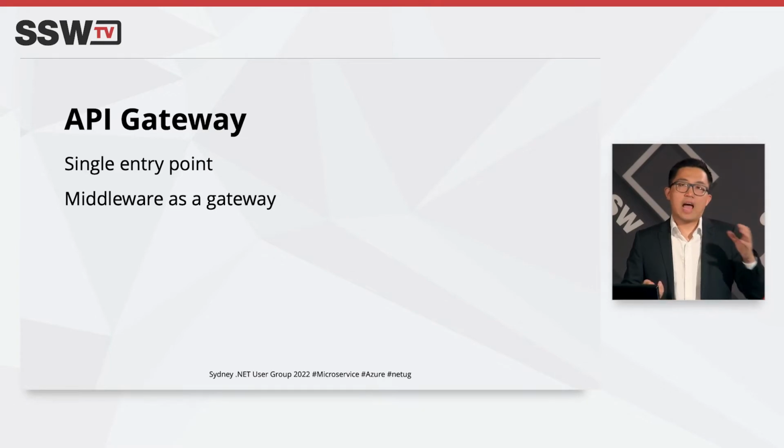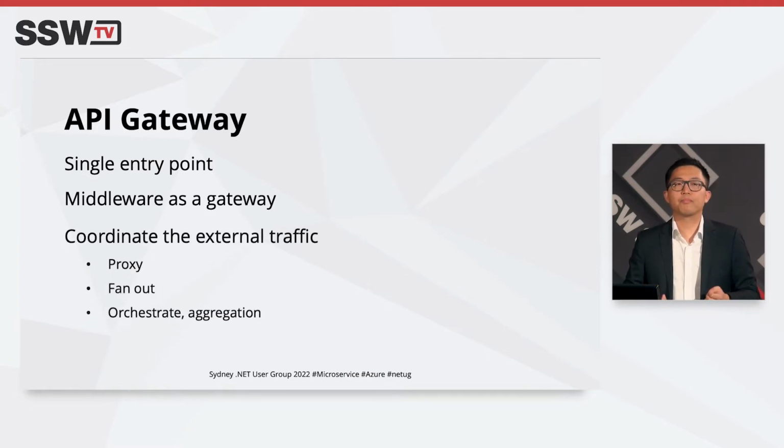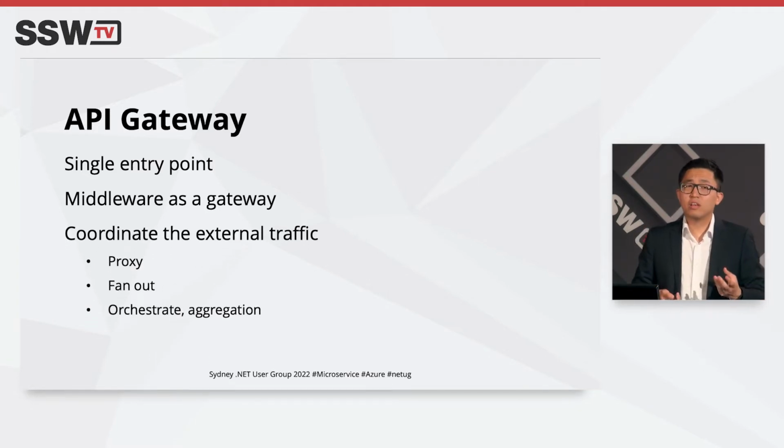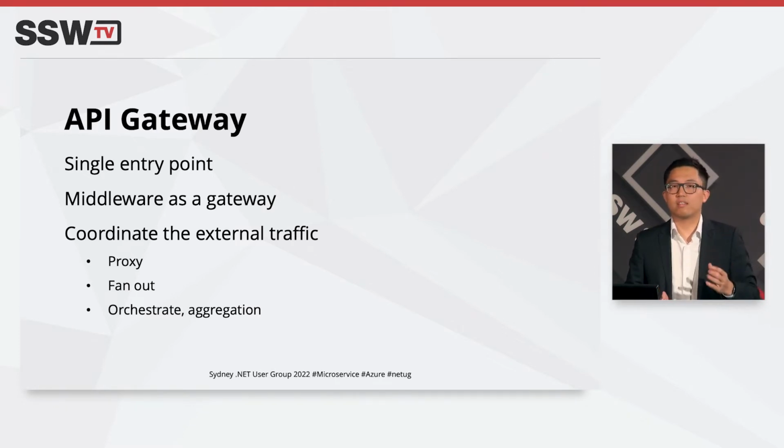So we have a bunch of middleware that every single request needs to go through and that tends to have some shared logic. Then we can group them into an API gateway. But the API gateway does not only serve as middleware, it can also coordinate the external traffic. The simplest way of coordination is proxy.